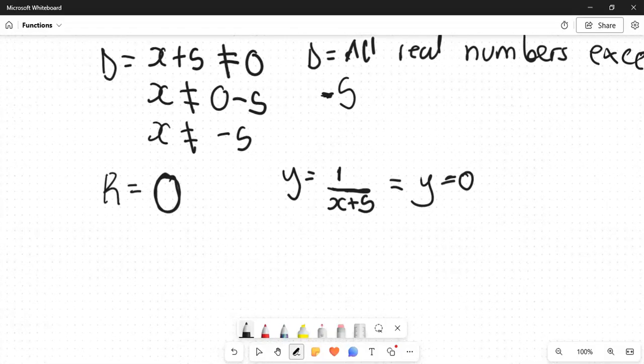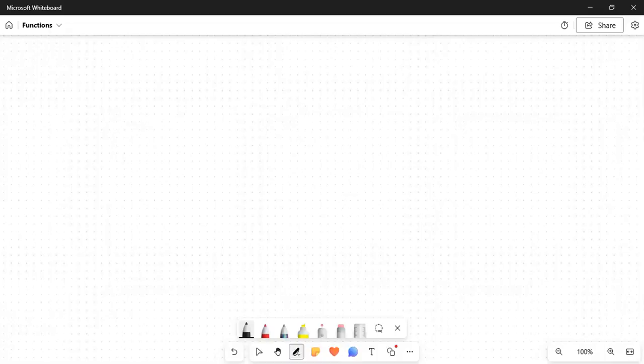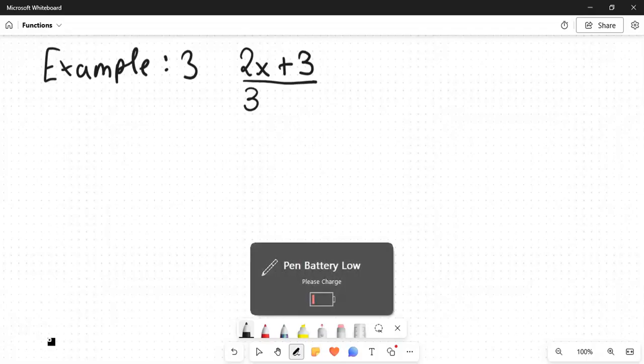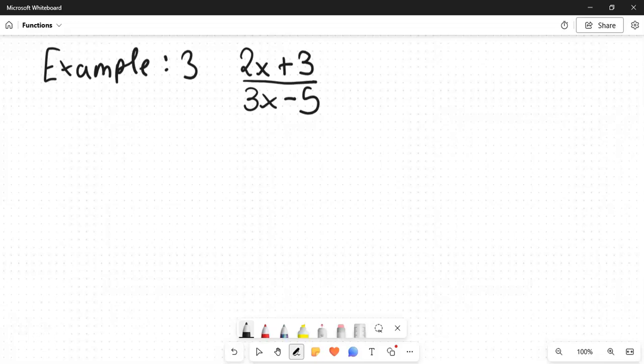Another example I want to show you guys. To find the domain and range in this equation, 2x plus 3 over 3x minus 5. So our solution here, as we did at first, we solve the denominator right here. So 3x minus 5.